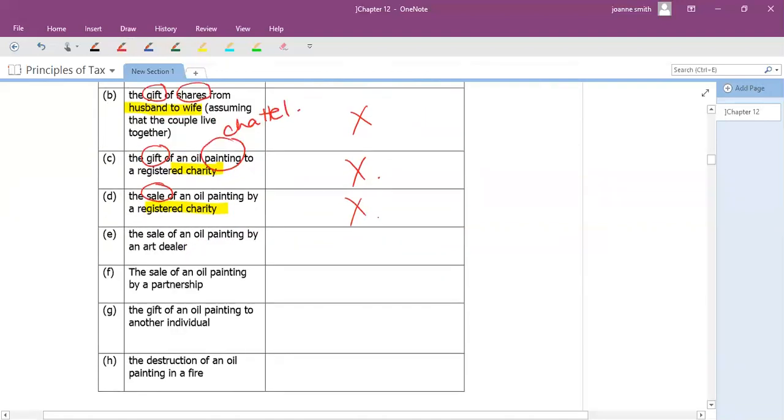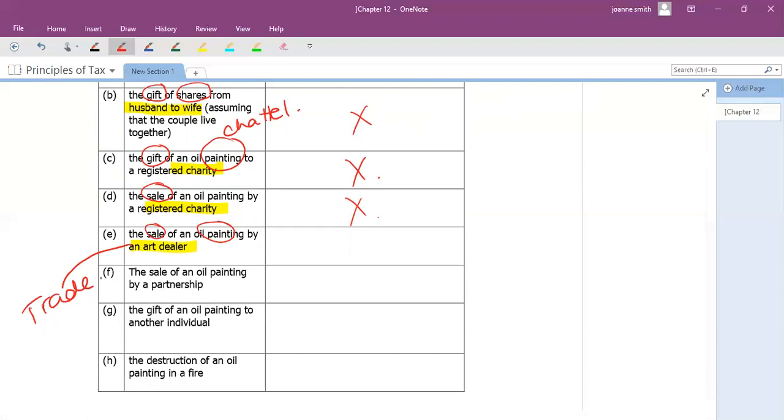Now, when we look at E, we're dealing with another sale of another chattel. So again, it's looking like it might be chargeable. However, the person that's making the disposal is an art dealer. Now, if they're an art dealer, they are conducting a trade. So it's not going to be treated as a gain in this situation, because what they're doing is trading as someone buying and selling paintings.